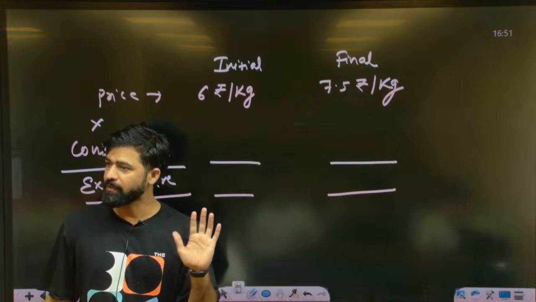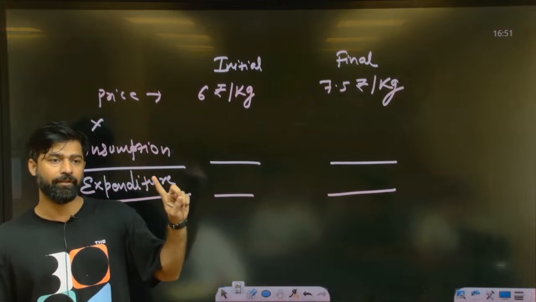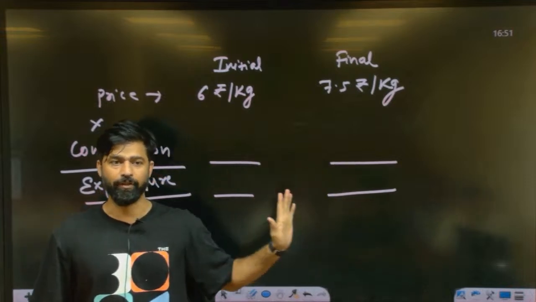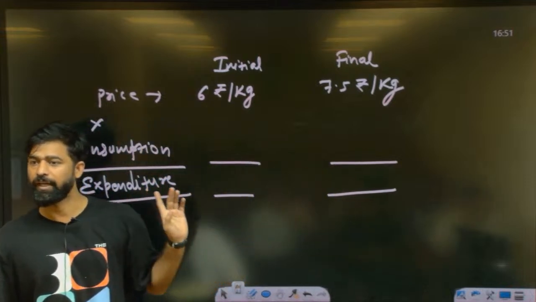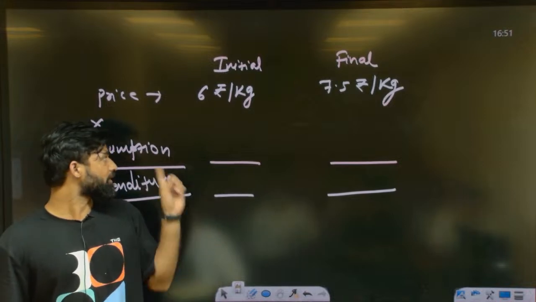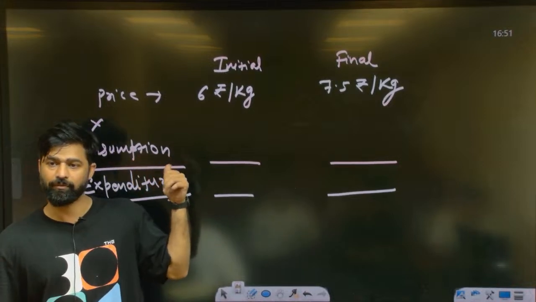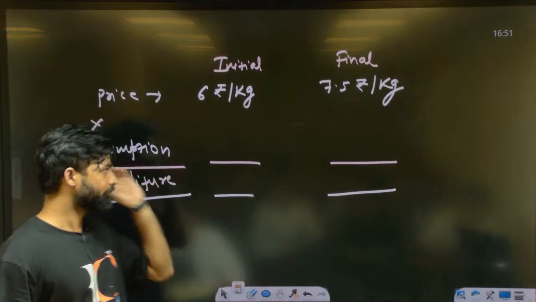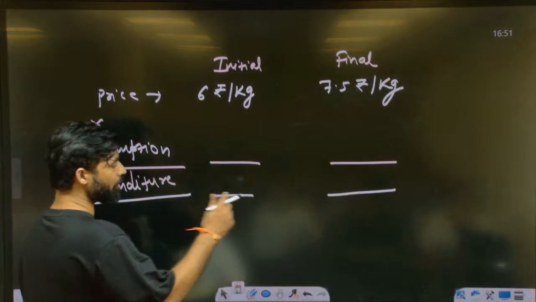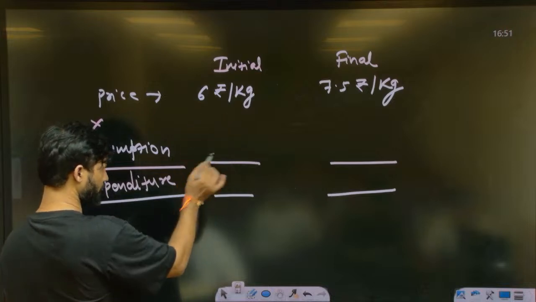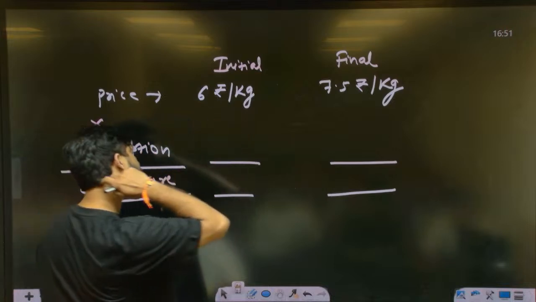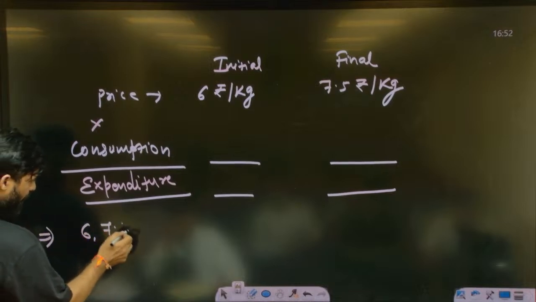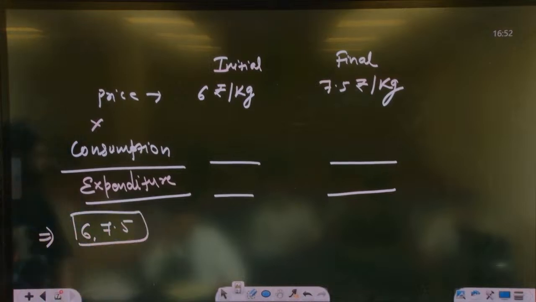Any problem in this? He does not want to change the expenditures. He just wants to change the percentage in consumption. So is this understood by you? Okay. So I need a number which can be divisible by 6 and 7.5.